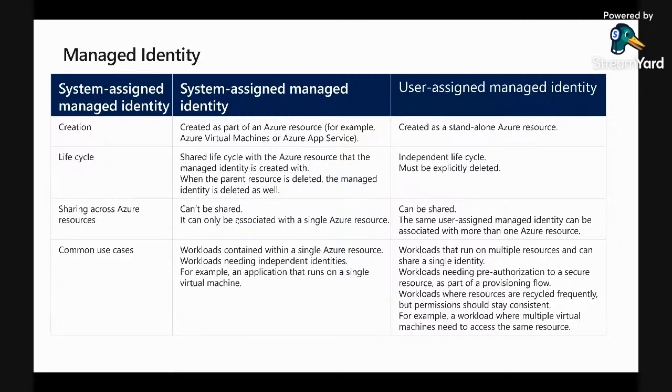When the parent resource is deleted, the managed identity is also deleted, and you create it as part of the resource when you are creating it. Meanwhile, user assigned identities you create yourself. You decide when to use them and when to delete them, and you can use them across different services to access different resources. System assigned ones can only be used for the resource for which they have been created.